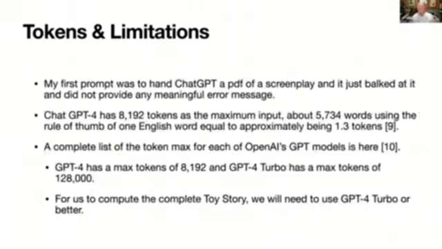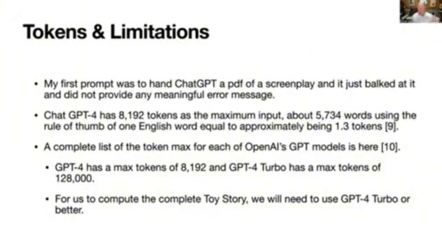My first prompt was to hand ChatGPT a PDF of a screenplay, and it just balked at it and did not provide any meaningful error message. ChatGPT 4 has 8,192 tokens as the maximum input. It's about 5,734 words, using the rule of thumb of one English word, equivalent to approximately 1.3 tokens.